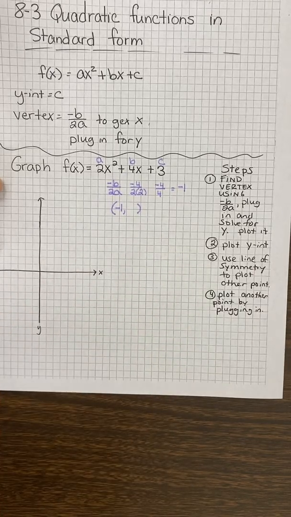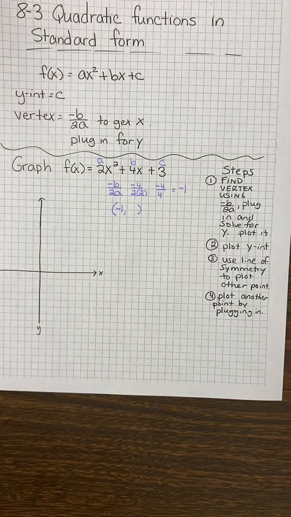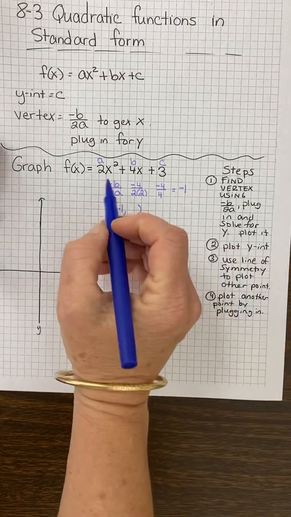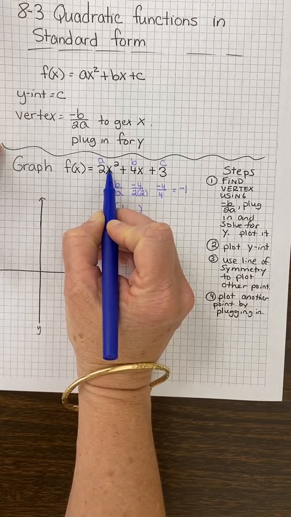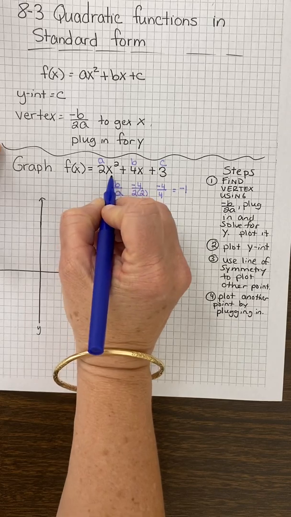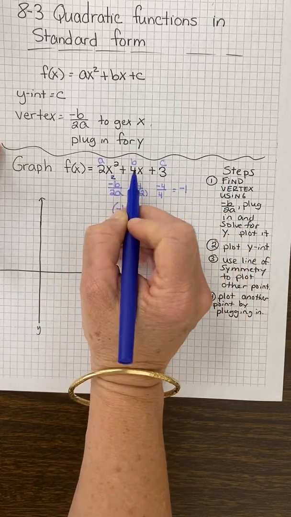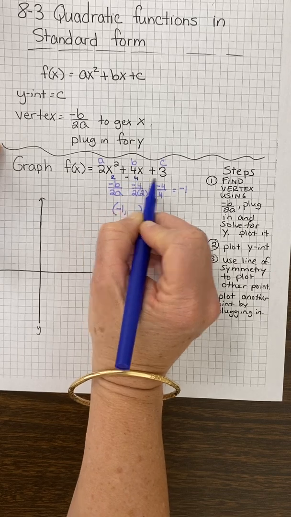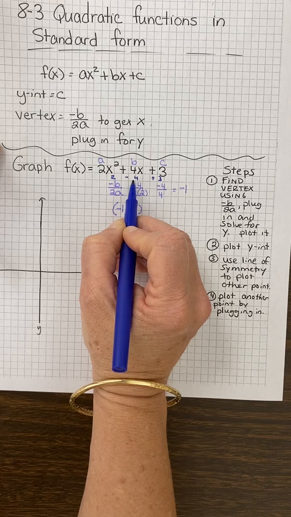So a lot of times what I'll do for that is I'll kind of do it right over the problem. I almost wish I didn't write that a, b, and c there. Okay, so negative 1 squared is 1. 1 times 2 is 2. So I'm going to jot down a little 2 here. Negative 1 times 4 is minus 4, and then I have this plus 3. 2 minus 4 is negative 2.